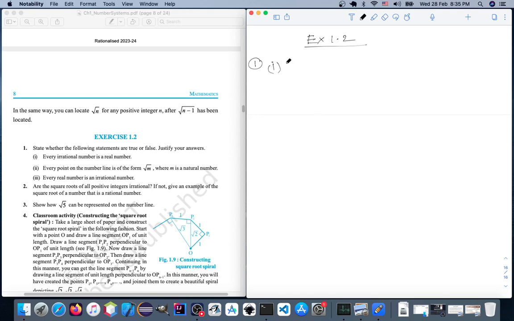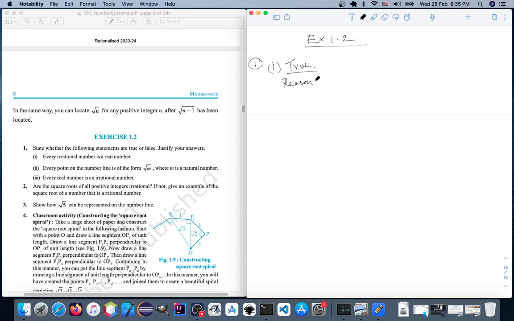This is true, of course, because we have learned that every real number is either an irrational number or a rational number. So obviously, an irrational number is also a real number.